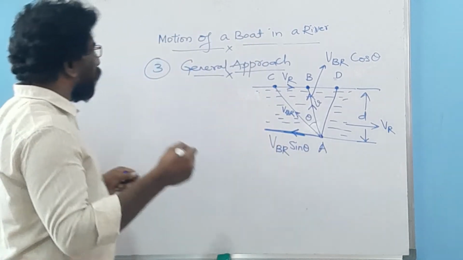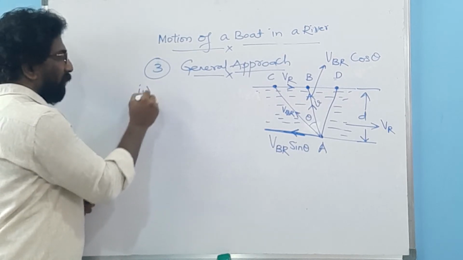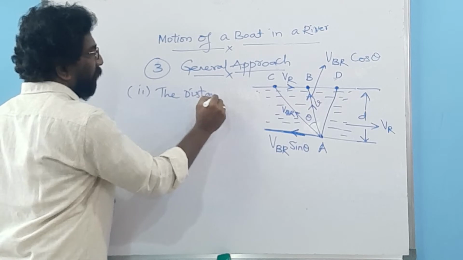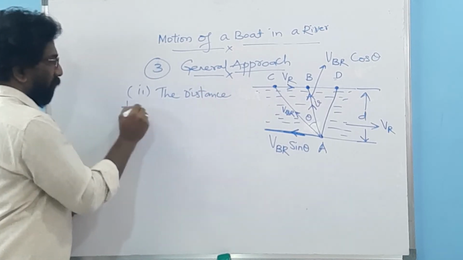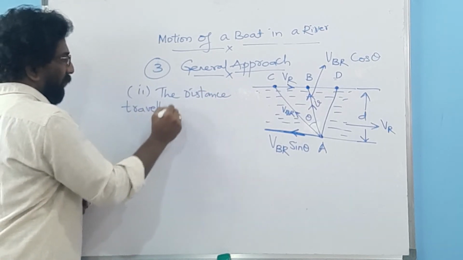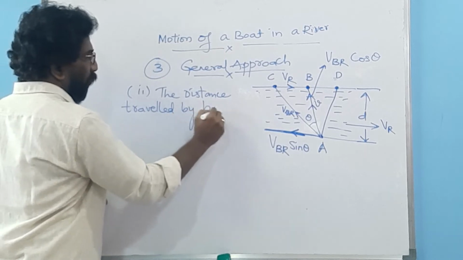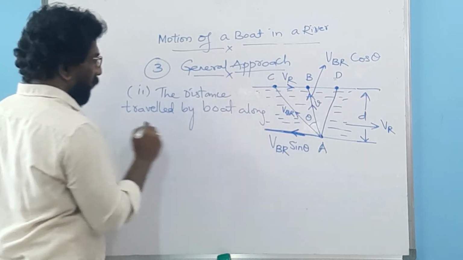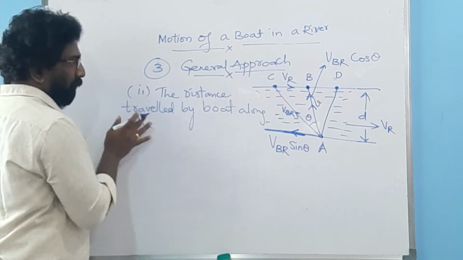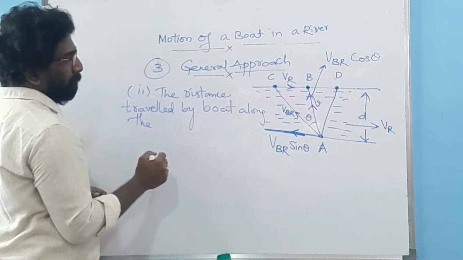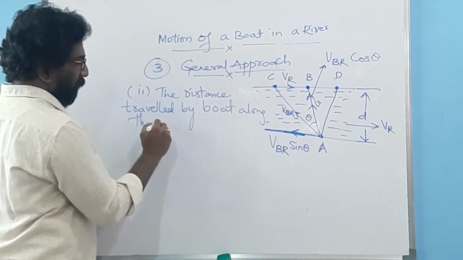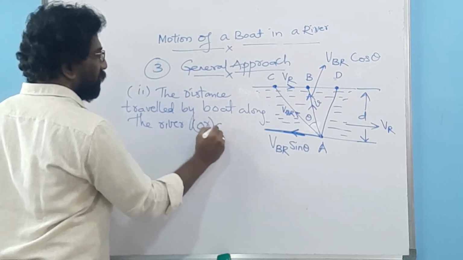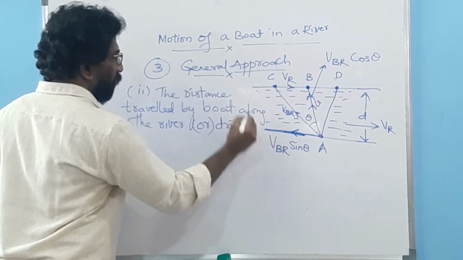Another important formula: the distance traveled by the boat along the river, or it can also be called the drift of the boat.